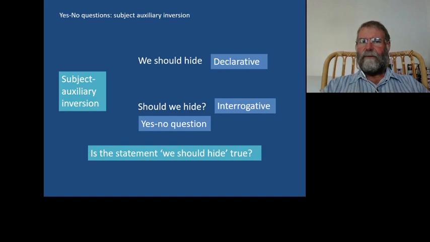Furthermore, it's also suggesting that it's the declarative order which is the basic one, and that the interrogative order is the one that is formed on the basis of that by inverting these two elements.